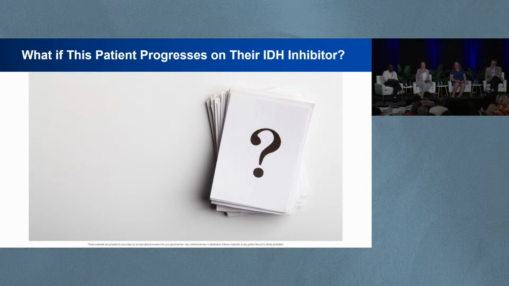Because if we think about other uses of targeted therapies in oncology, take for example GIST and CKD inhibitors, for those of you who treat these tumors, if you have a focal progression, you treat the focal progression and you continue with the same systemic treatment. Well, for gliomas, we do not know that yet.